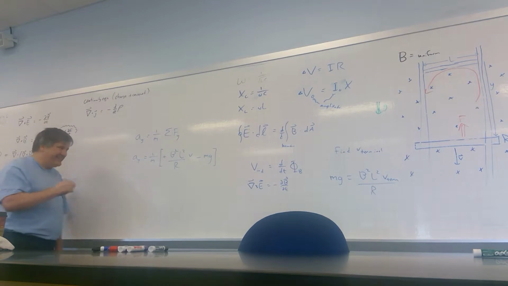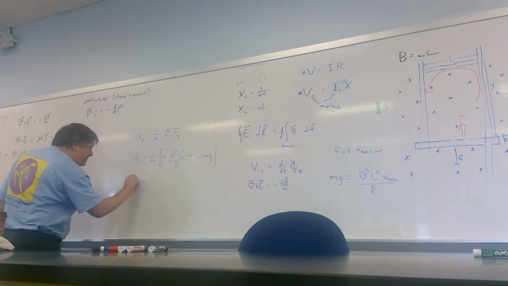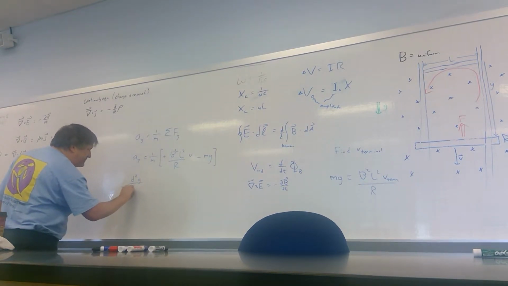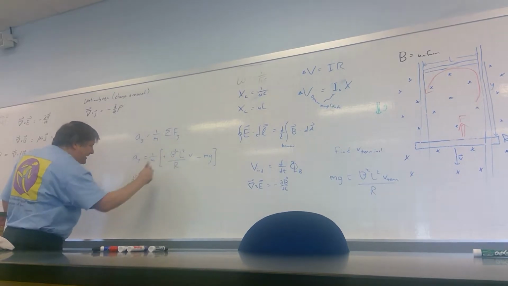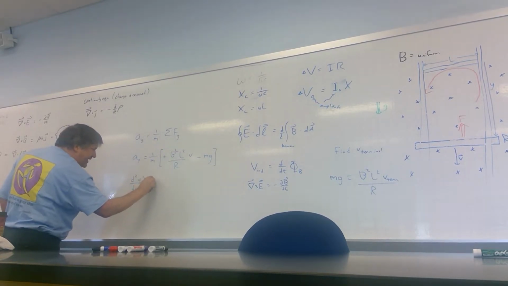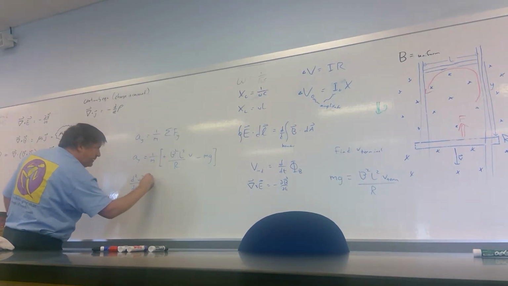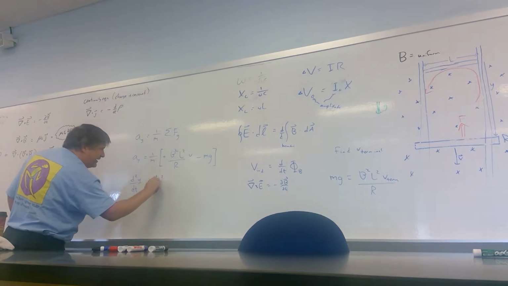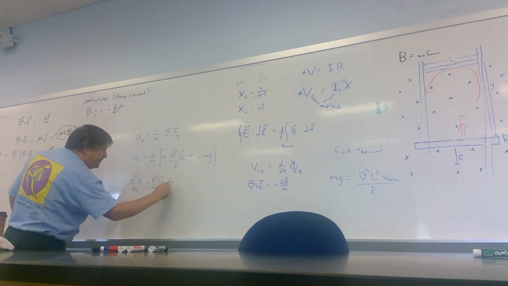I could even make that into a differential equation if I wanted, because the acceleration, by definition, is the second derivative of y with respect to time. The velocity is the first derivative of y with respect to time. We'll move that over to this side, so I could say minus B squared L squared over mR times dy/dt.